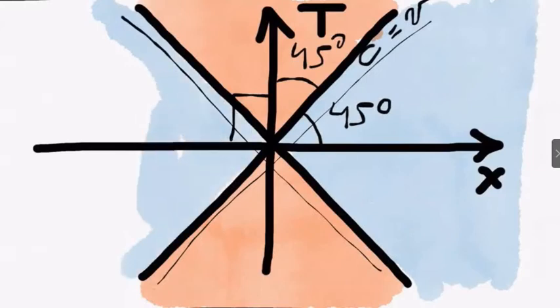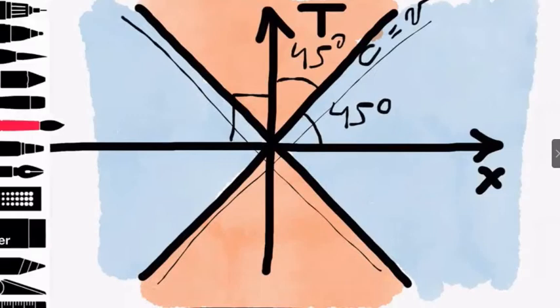In this region, any value that the speed takes must, not by definition, by derivation, be larger than c.